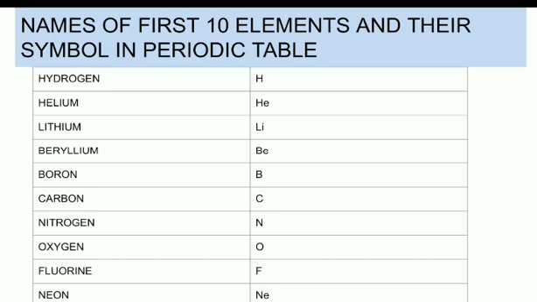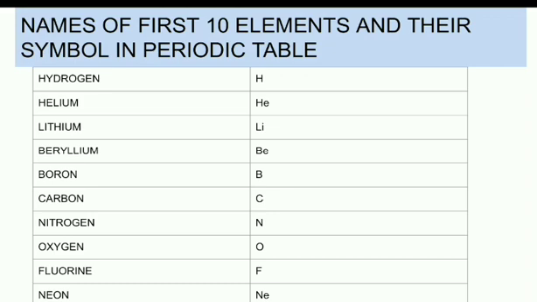Third element is lithium, and its symbol is capital L and small i. Next is beryllium. Its symbol is capital B and small e. Next is boron. Its symbol is capital B. Carbon.